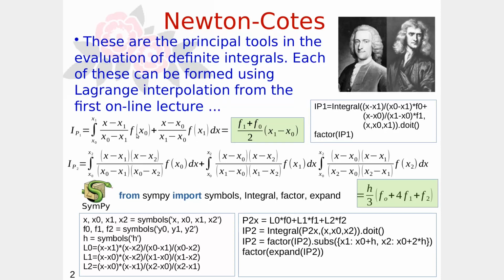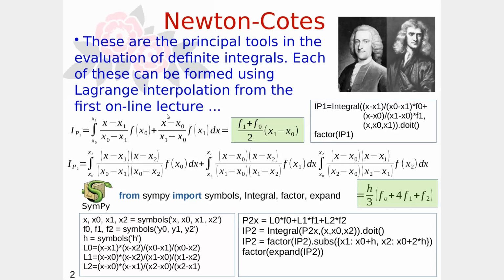We use the first of these points, x0, as the first anchor, and then divide by x0 minus x1, and then we simply relax the x0, so x minus x1 on the top. Moving to the next anchor point at x1, on the bottom we have x1 minus x0, and on the top we have x minus x0 as the x1 is relaxed.